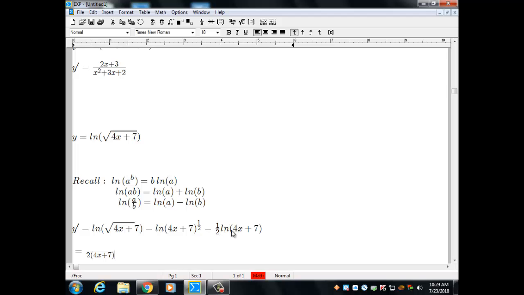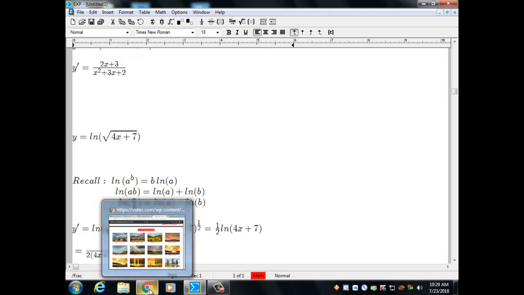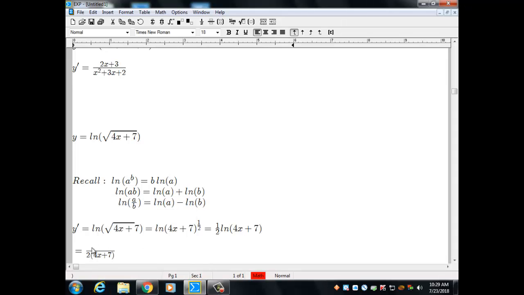The 2's already down there, so then this piece goes to the bottom. And then you would have the derivative of the top, which is 4, which would give you a final answer of 2 over 4x plus 7. So when the 1/2's in front of the ln, it's just acting like it's just there, it's just a different spot.